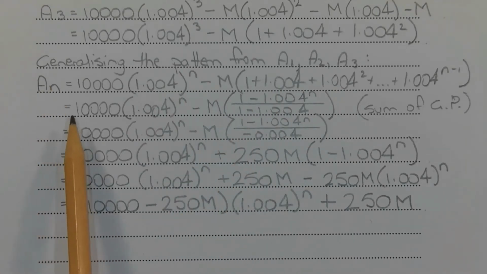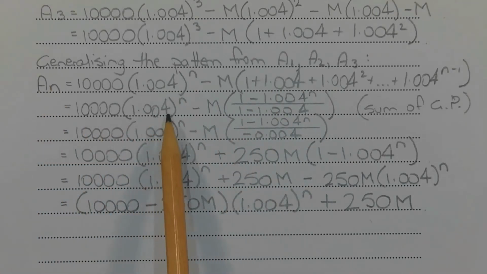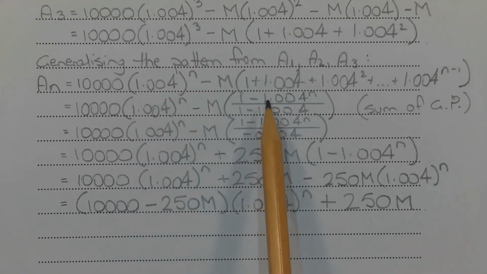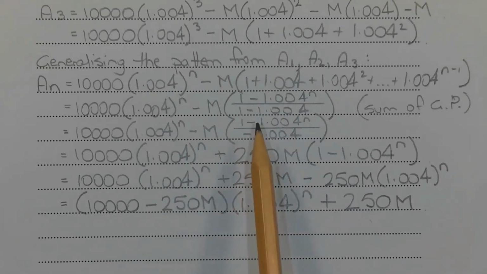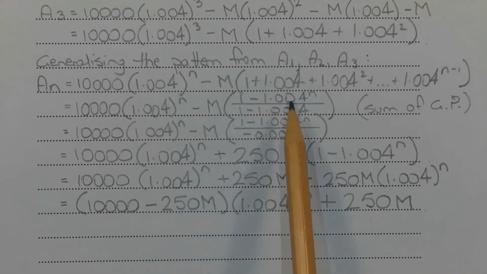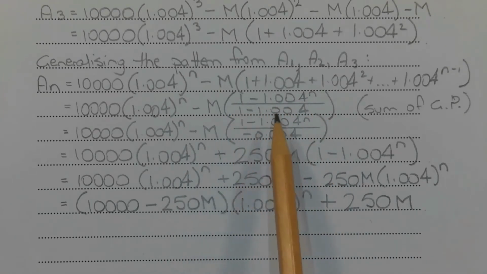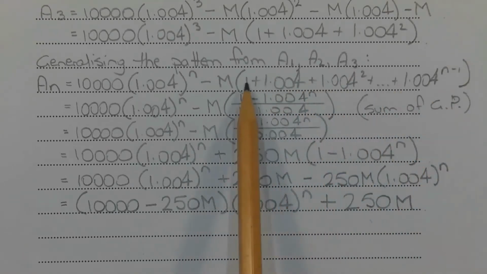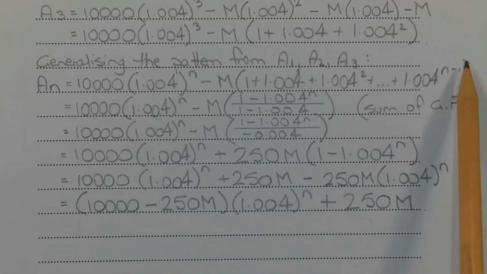AN is equal to 10,000 times 1.004 to the power of n minus M outside of (1 minus 1.004 to the power of n) over (1 minus 1.004). That comes from the formula (1 minus r to the power of n) over (1 minus r), where r is the common ratio. And this is n here, not n minus 1, because there are in fact n terms in this series, even though this index here is n minus 1.